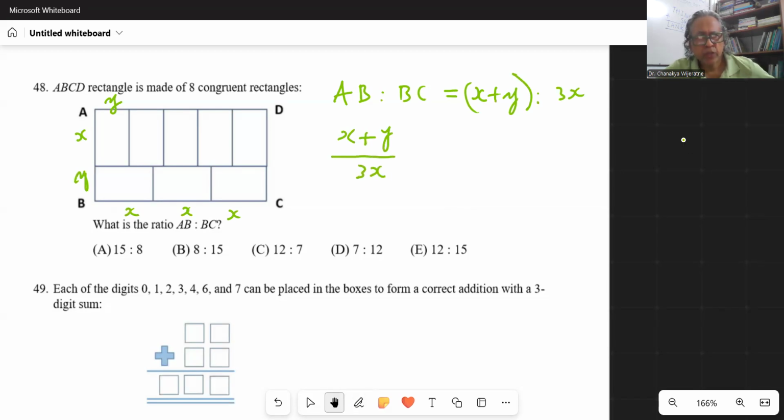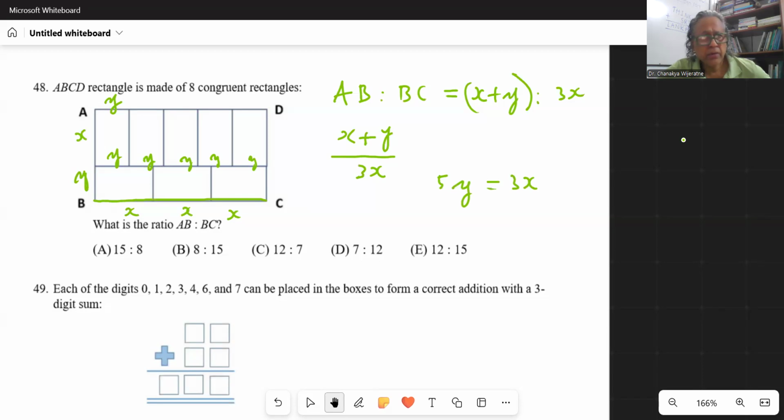Right. So now X, Y, 3X can be expressed, Y in terms of X. So here, we have Y, Y, Y, Y, Y. So 5Y is equal to 3X. See here, BC, 3X, right?